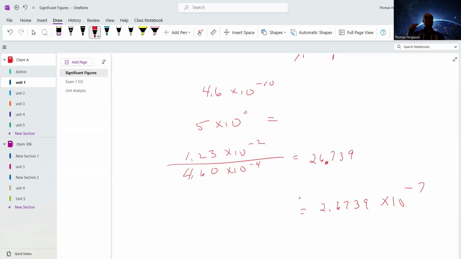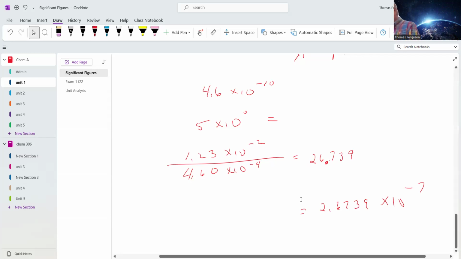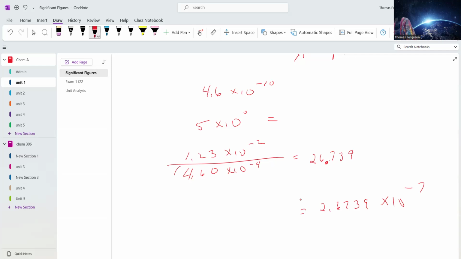It does not know it's in the denominator. It thinks it's in the numerator because I didn't tell it it's in the denominator. So if I would have put this in parentheses, it now knows it's in the denominator. If I put it in parentheses, I'll get the top number. If I don't put it in parentheses, I'll get the bottom number.